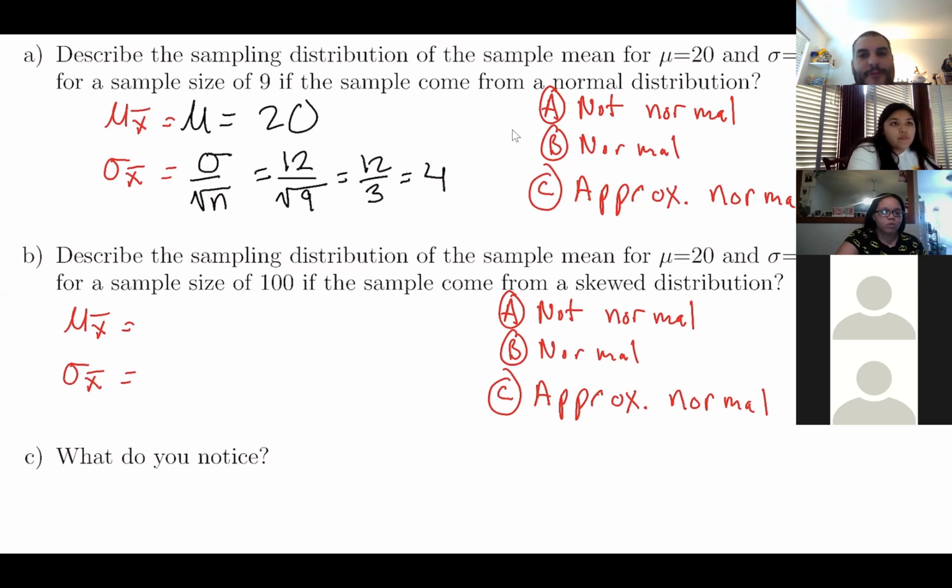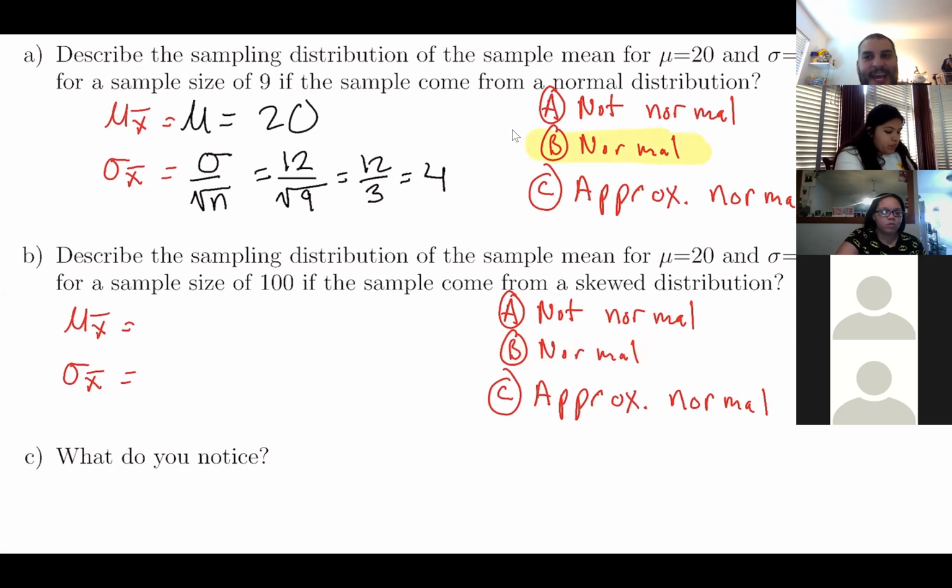So the next thing we want to do is say if this is not normal, normal, or approximately normal. So for this one, what do they tell us? Do they tell us the data set is normal? Yes. So your answer is it's normal, because they tell us it's normal.